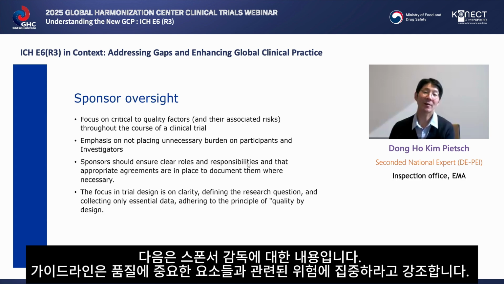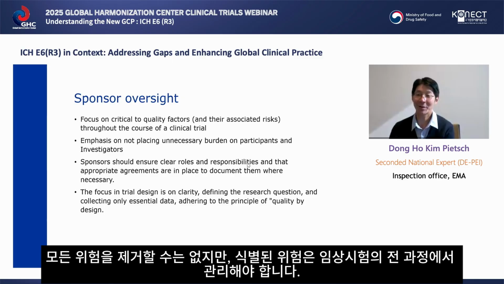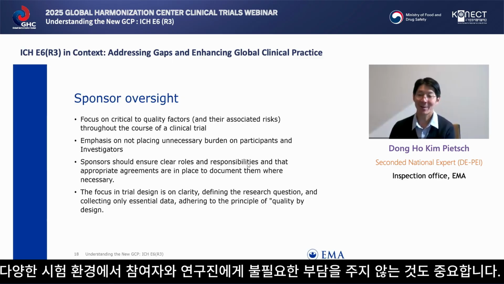Here, the guideline calls for a focus on the critical-to-quality factors and the associated risks. You cannot always eliminate all risks, but once you have identified them, manage them, and please do this throughout the course of the trial.